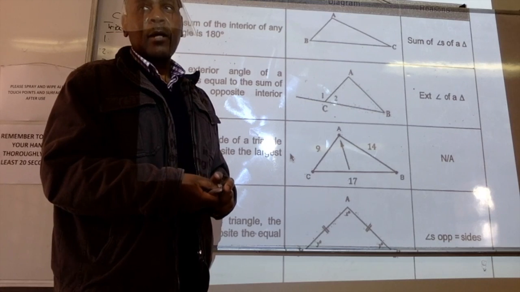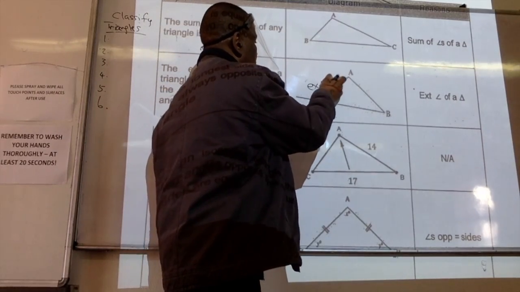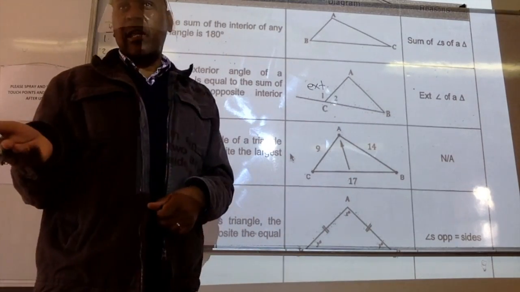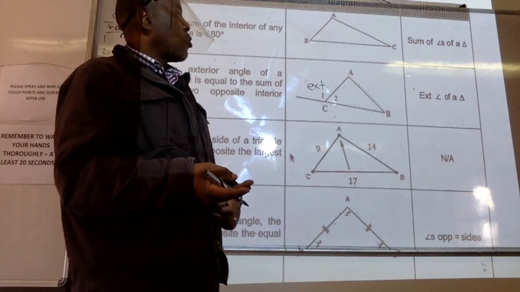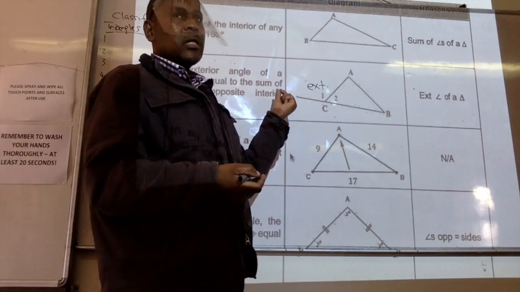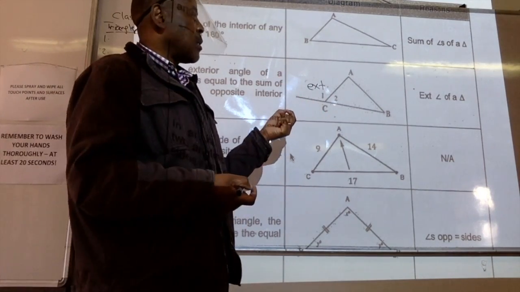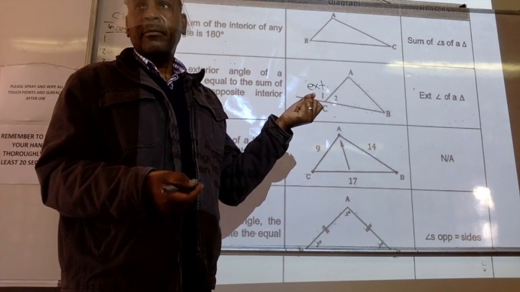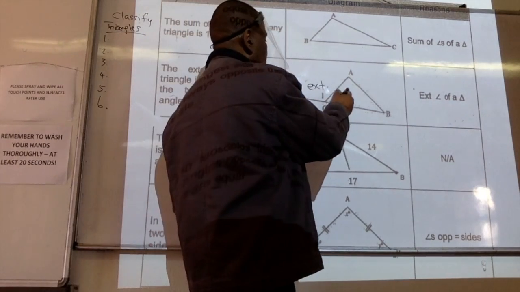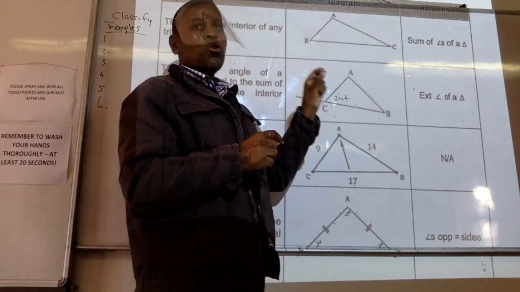Yes, that's one. So C1 is exterior because you know the meaning of exterior, right? Now tell me if this one is exterior, which one is interior? Because the opposite of exterior is interior. C2 therefore is interior. But do we agree that angle A and angle B are also interior?